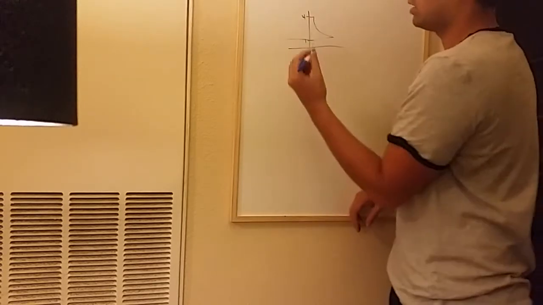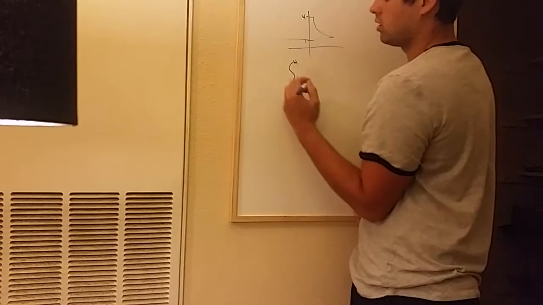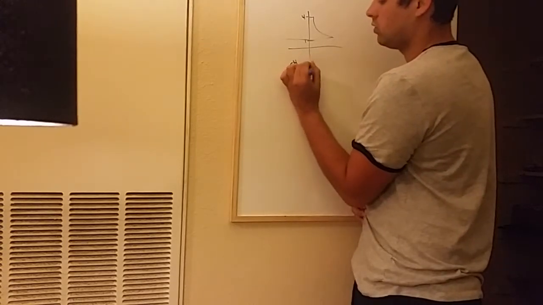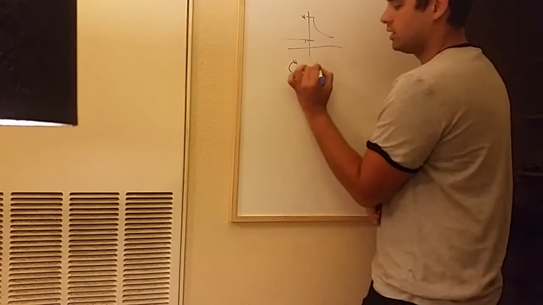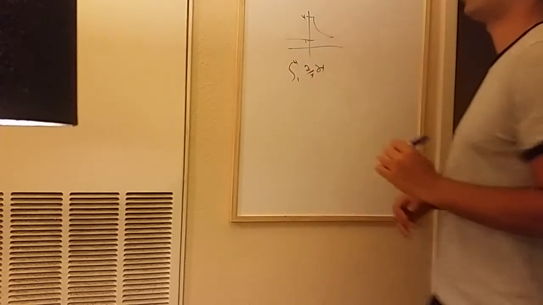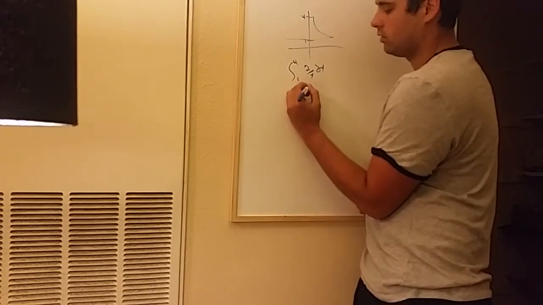So anyways, I'm going to integrate from 1 to 4, 2 over y dy. Alright, it's simple enough.